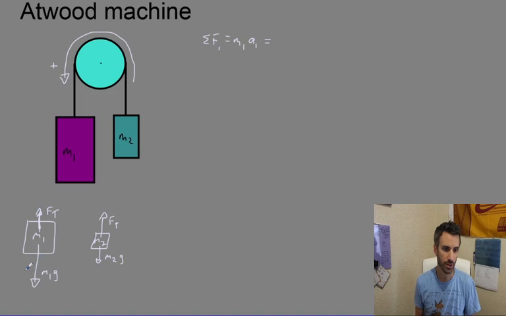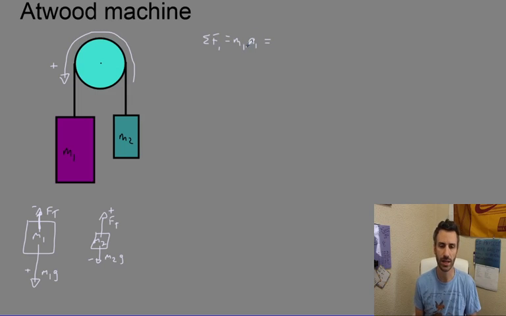But for this object, up is going to be a positive direction, right? For this one, down is a positive direction. So for this one, this is a positive direction and this is a negative direction. So let's keep that in mind.